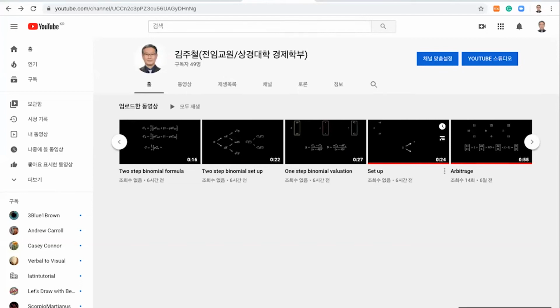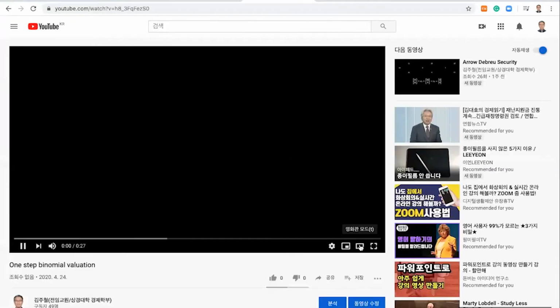So this is the setup. Okay, now we go into the one-step binomial tree valuation. Here on the right-hand side, CU is a known value, and CD is also a known value.